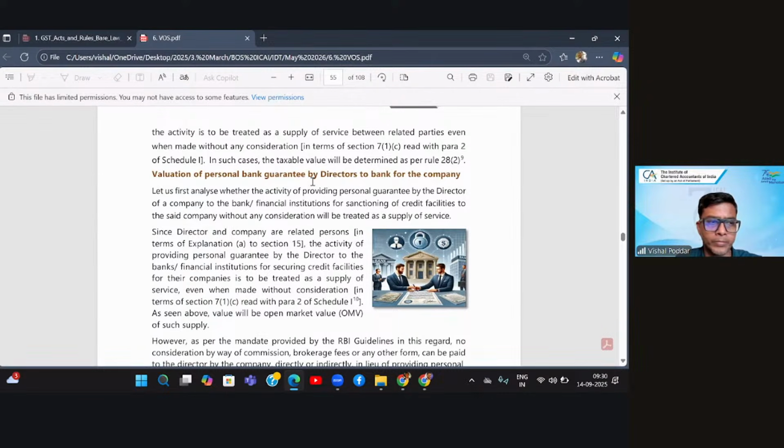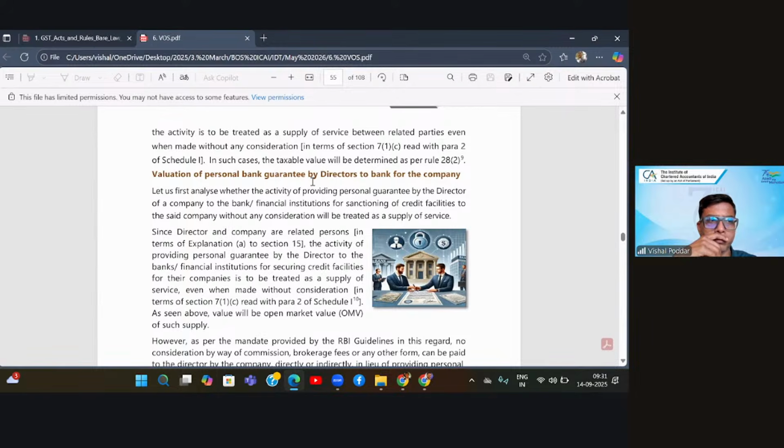Since director and company are related persons as per Explanation to Section 15, the activity of providing personal guarantee by the director to the bank or financial institution for securing credit facilities for their companies is to be treated as supply of service, even when it is made without consideration, as per Section 7(1)(c) read with para 2 of Schedule I. As seen above, value will be the open market value of such supply.